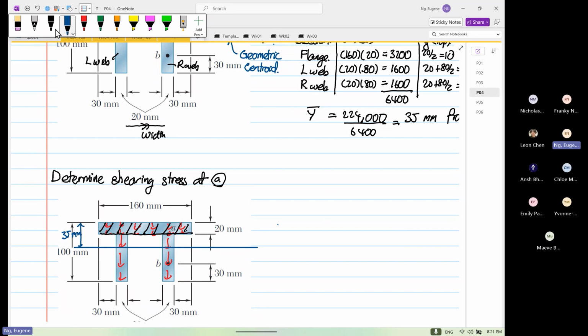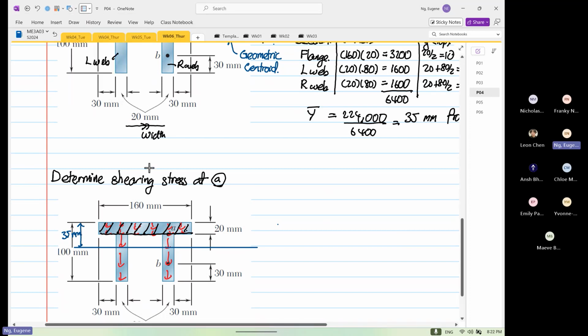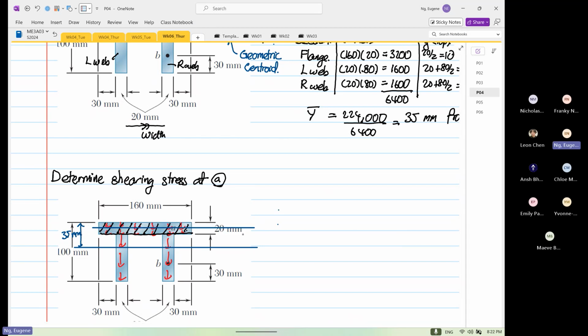What we do know now is that this distance over here to here is our y bar. And the area stops at here, and that is our y. So that is our y bar, and that is our y.